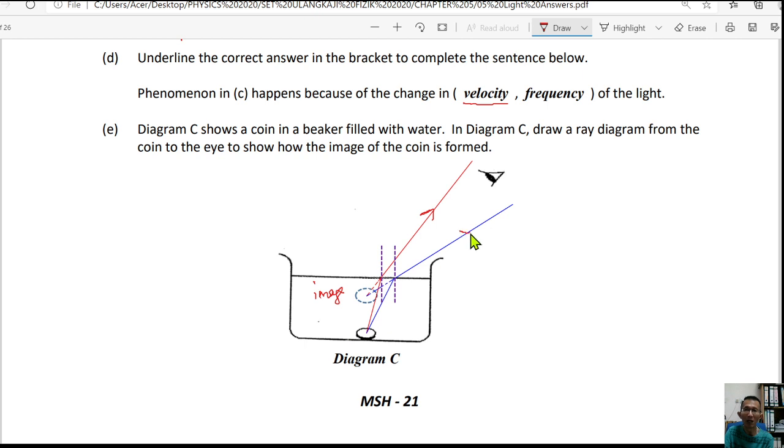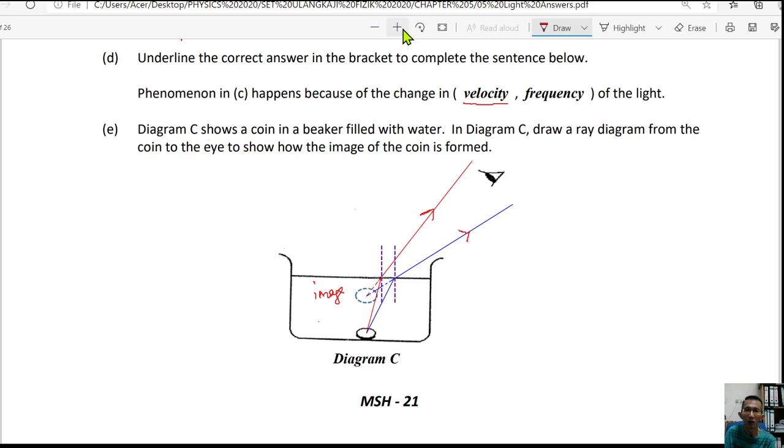Remember that our eyes do not emit light. Our eyes receive light. Okay, so I just draw two lines going to our eyes, and then at the point of intersection between these lines with the surface I draw my normal.